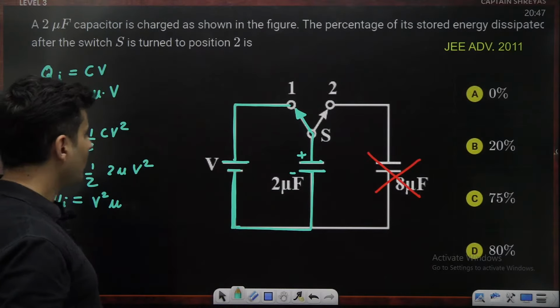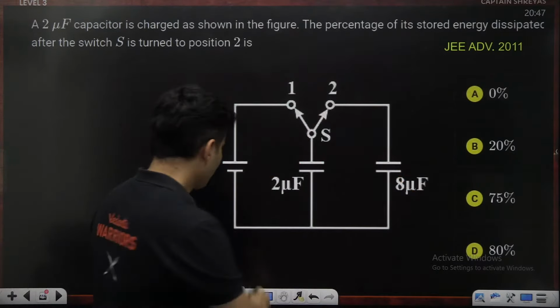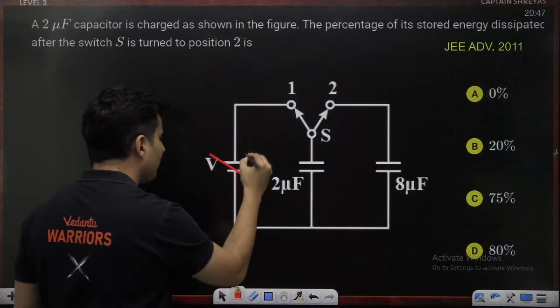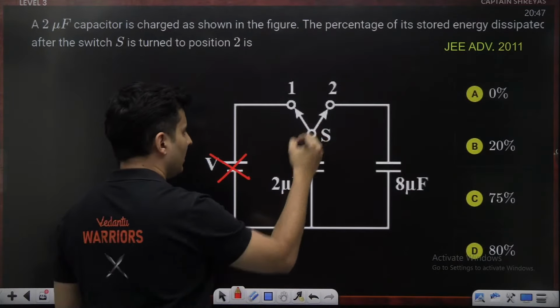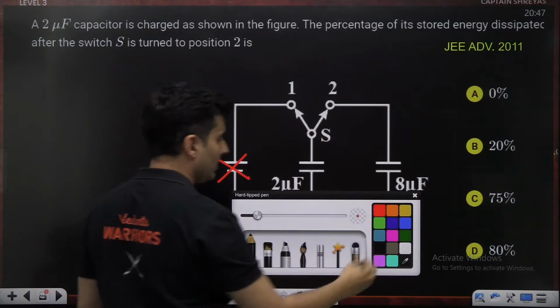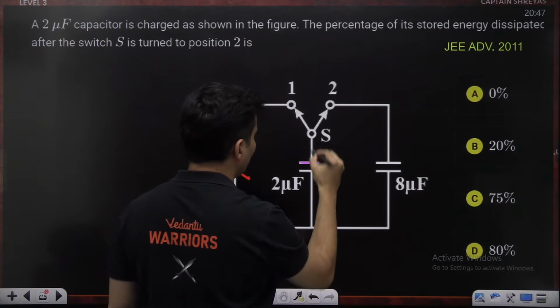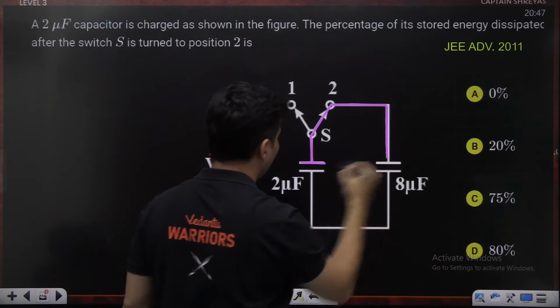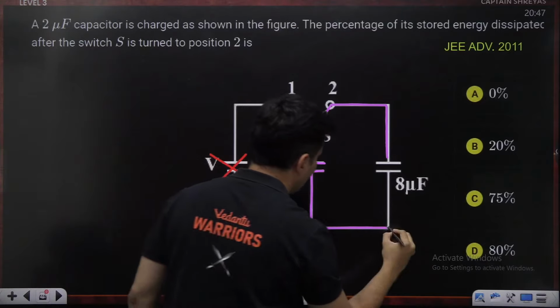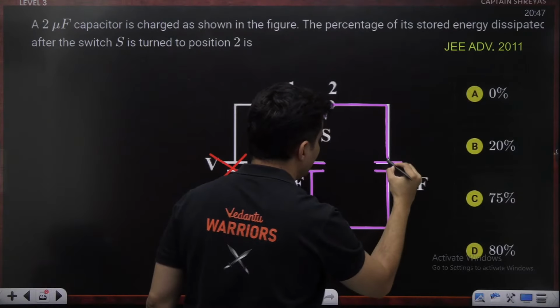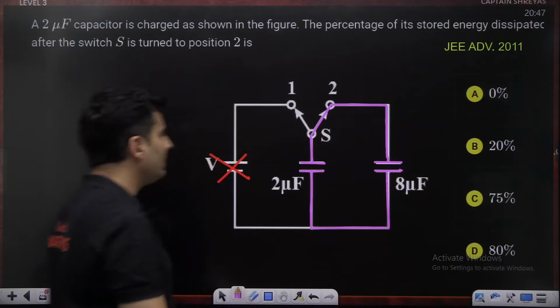Next scenario. When you move it to this side, this part will become completely useless. Just focus your attention only on this much part of the circuit. Now what you will notice is that the 8 and 2 are in parallel.